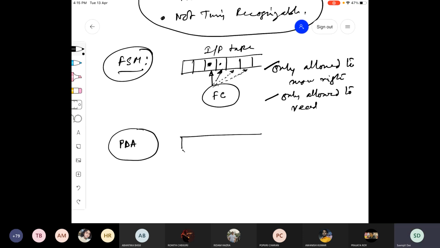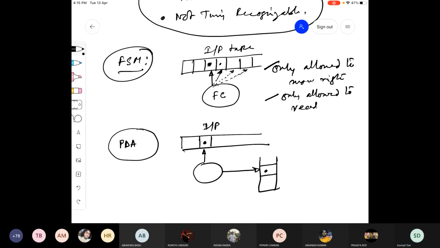If you remember the concepts, you had an input string and you were allowed to scan a symbol, and then in conjunction with reading what is on the top of the stack, so with both the input and the stack, you decide whether to change state or not. Whatever you do, you can only move right.